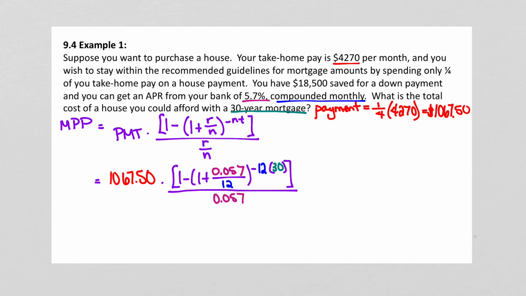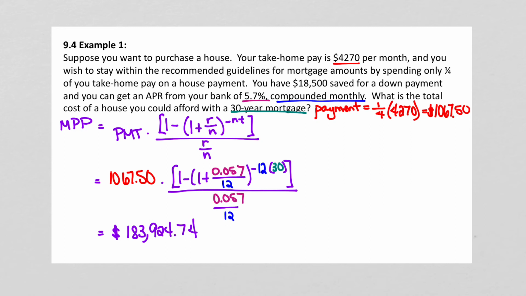Put R over N on the bottom again. And again, I'll go over to Desmos and do this, but you end up with $183,924.74.